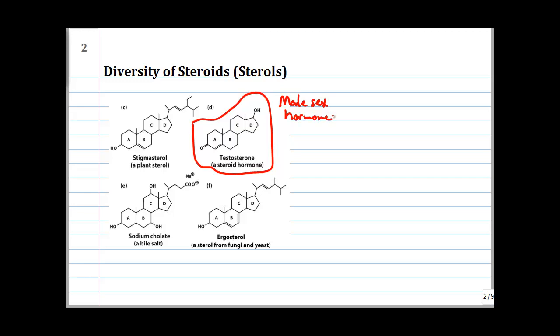It is made from cholesterol through a series of biosynthetic reactions. Testosterone is also a sterol because it has an OH group, although it's usually called a steroid hormone, it is technically a sterol.